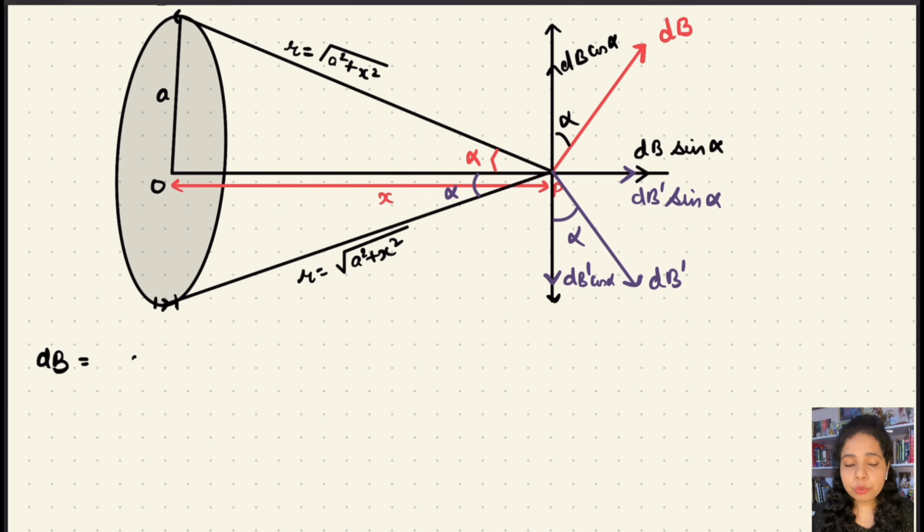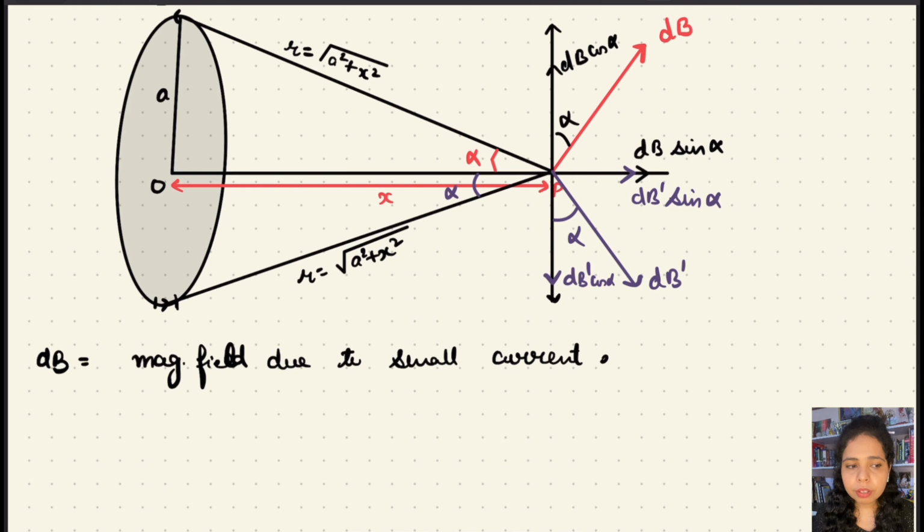Now we need to find the value of the magnetic field at the point of observation, and in order to do that, let us say dB is the magnetic field due to a small current element and dB dash is the magnetic field due to a small current element taken at the diametrically opposite point.